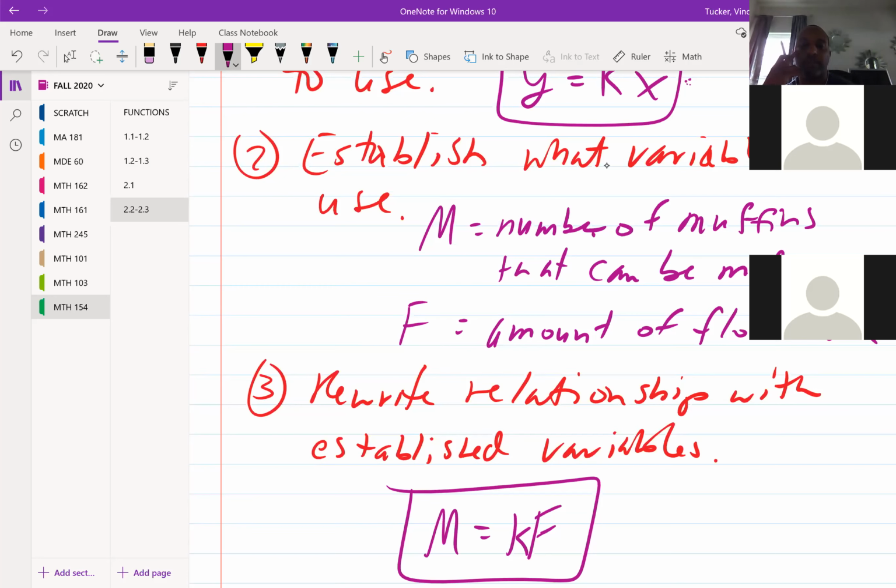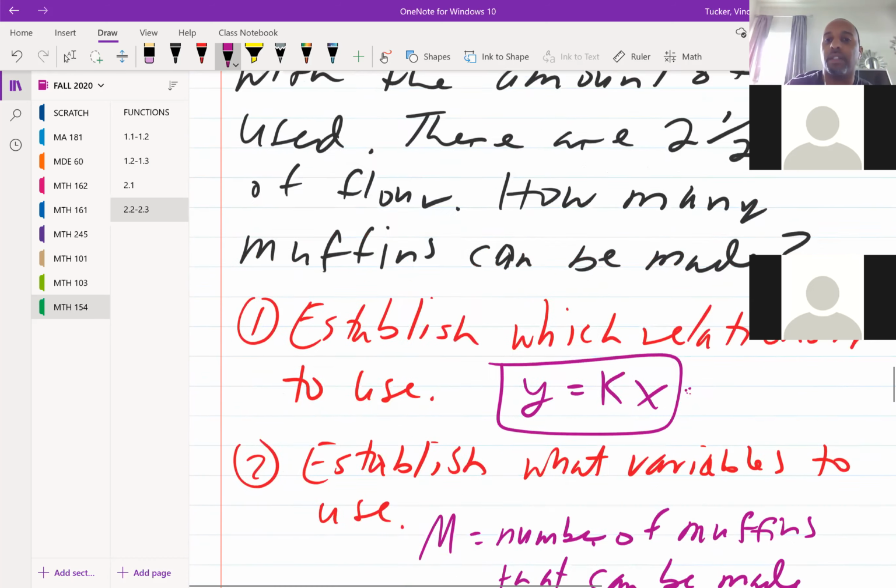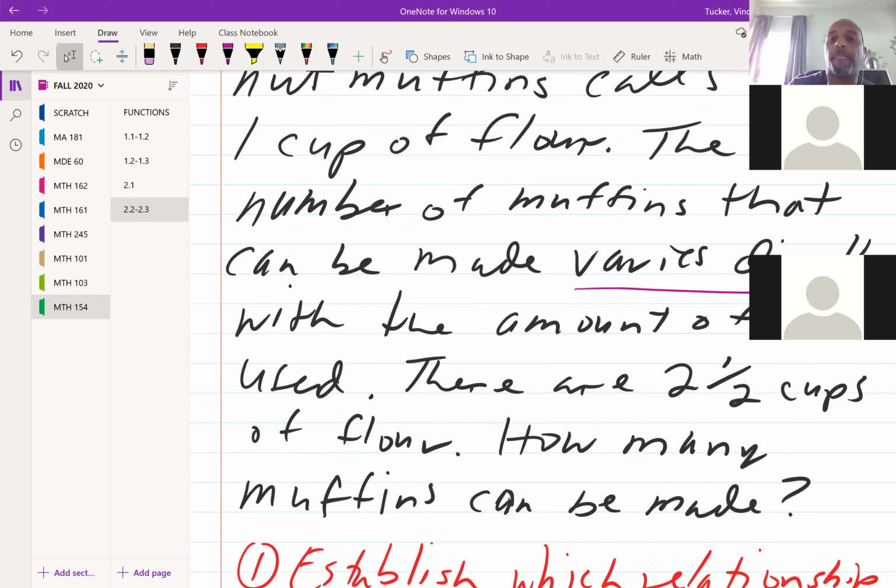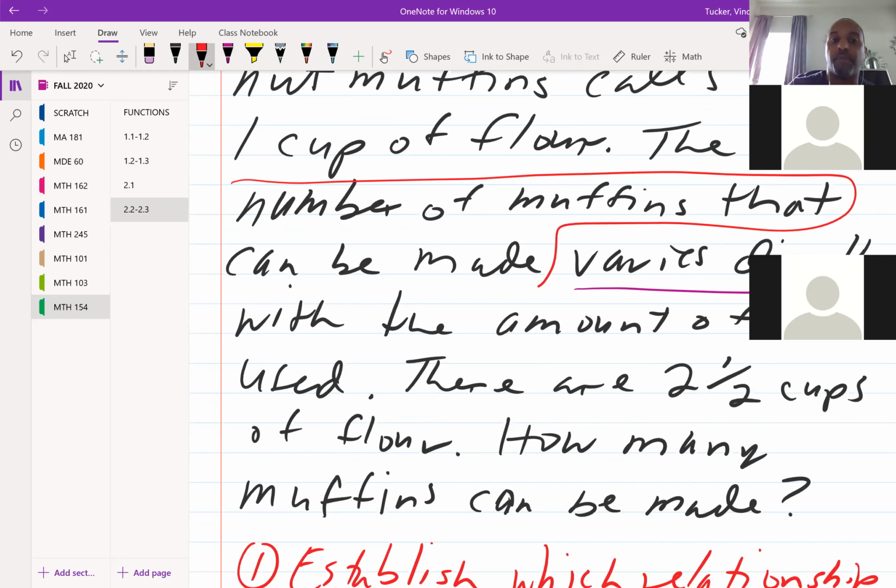All right. And remember, this goes back, and I didn't emphasize this part. Let me go back. It varies directly. That's your key phrase. What comes before that is going to be your first letter. So the number of muffins that are made goes in front of your equal sign.